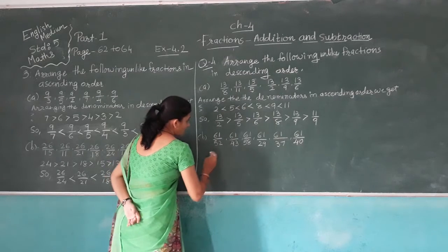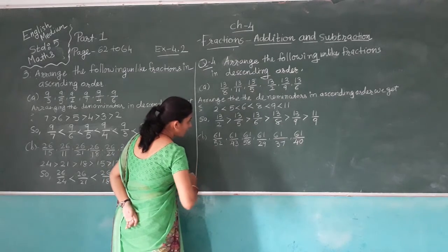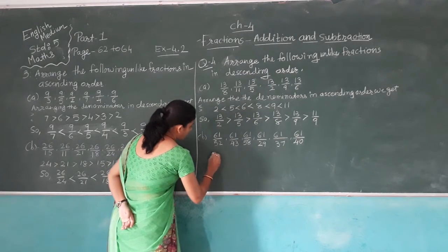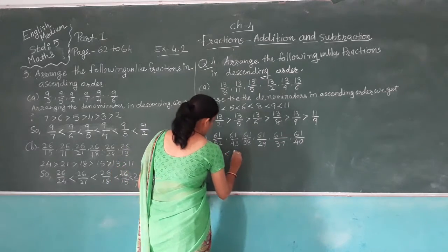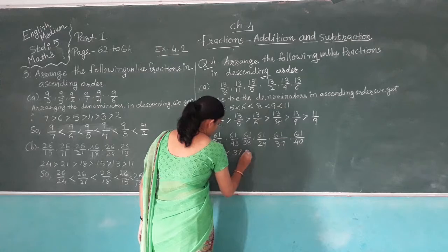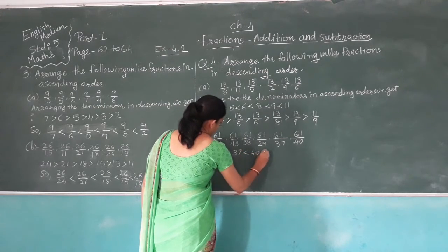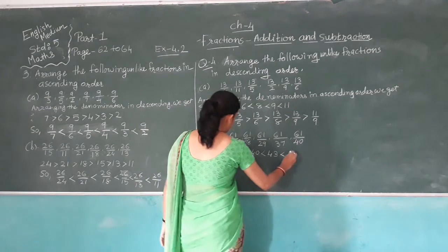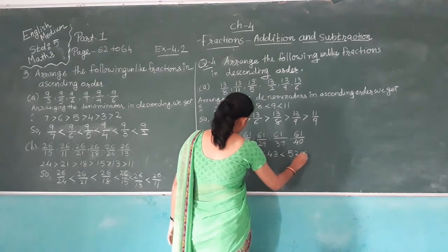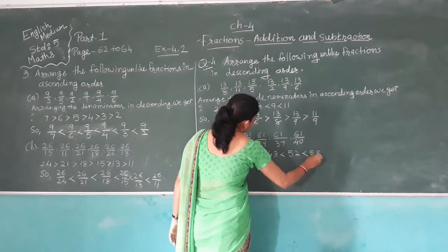Next one. In both, which one is the smallest? 29, then 37, then 40, then 43, then 52 and 58.